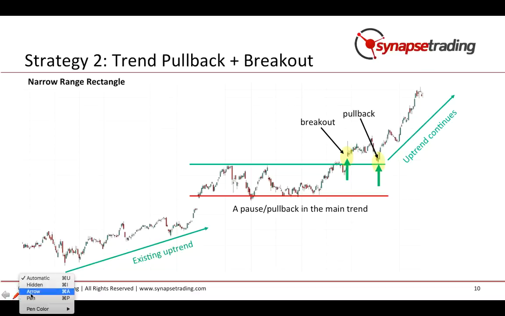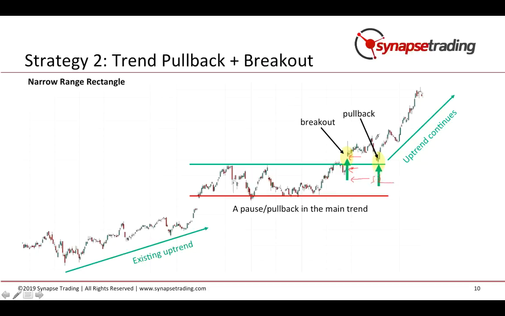Okay, so kind of similar in terms of entry. You enter upon the breakout here, right? You place your stop loss maybe below the range, sorry, below the breakout point, right? Or you can also use the middle of the range if you are more conservative.